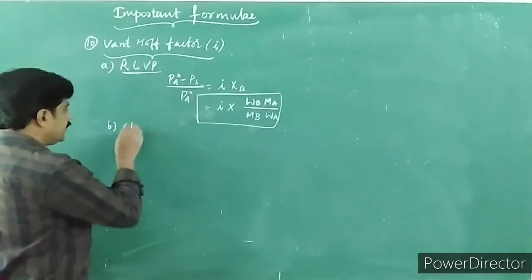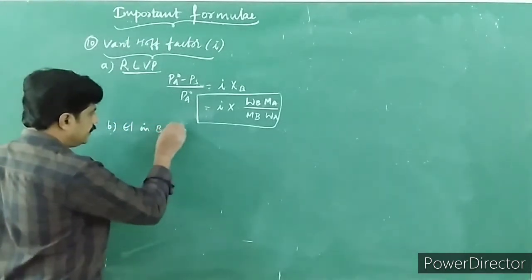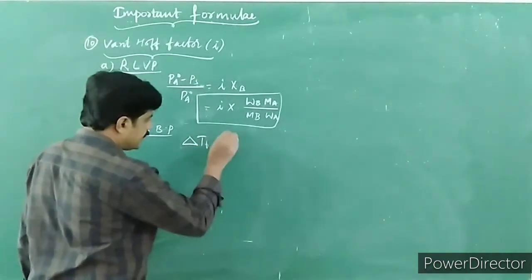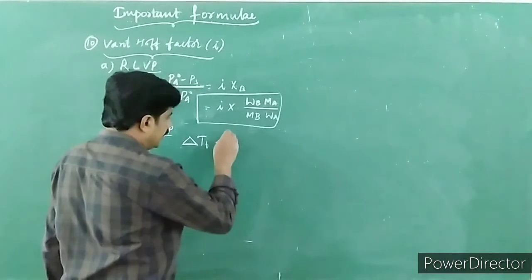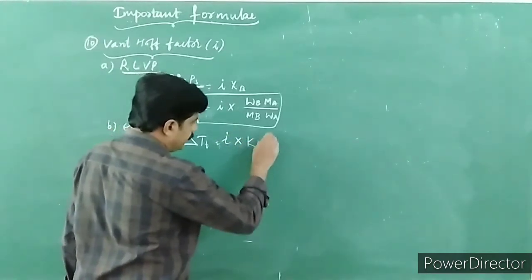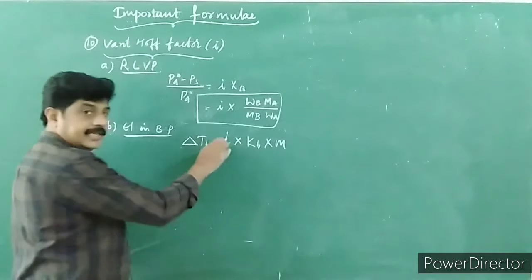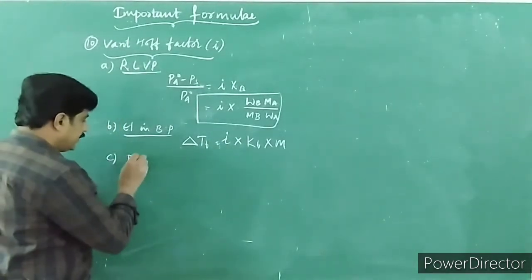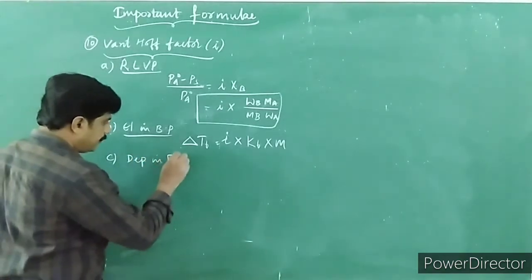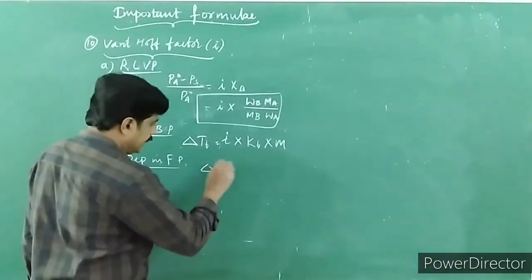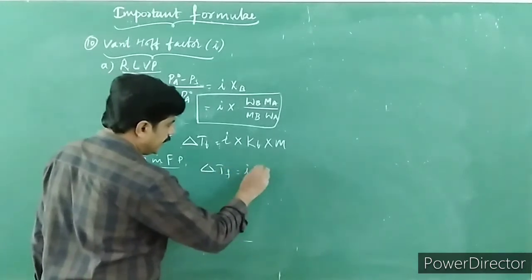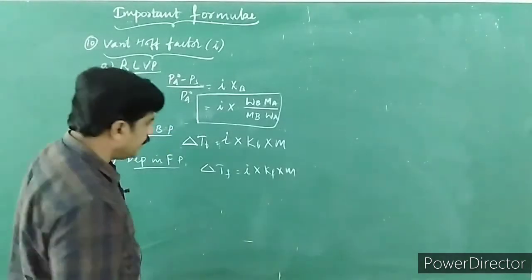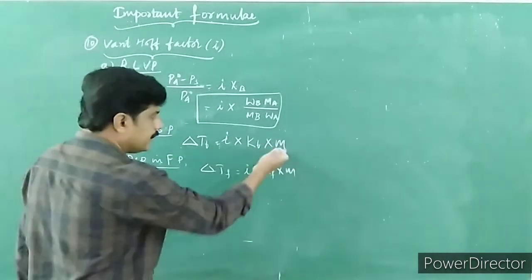Second one, elevation in boiling point. How do I write that? Delta TB is equal to I into KB into M. Here also I is inserted. Next one, depression in freezing point: delta TF is equal to I into KF into M. So the molality formula you can put there.